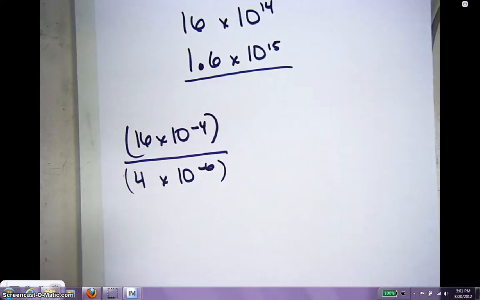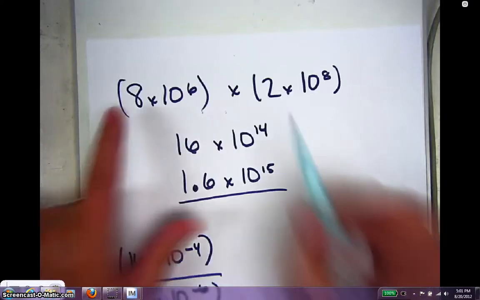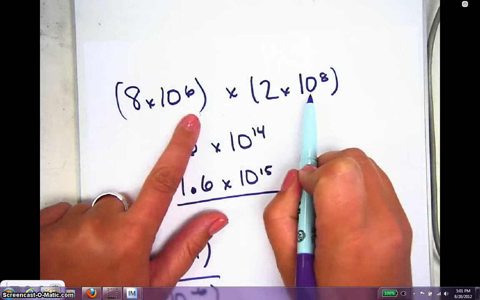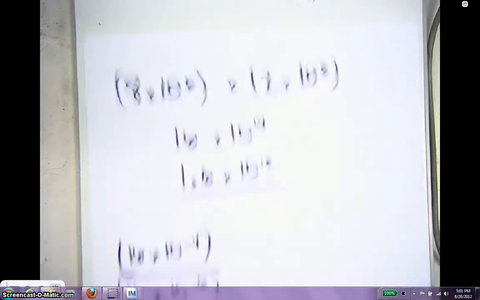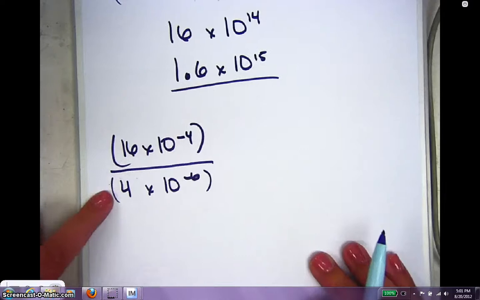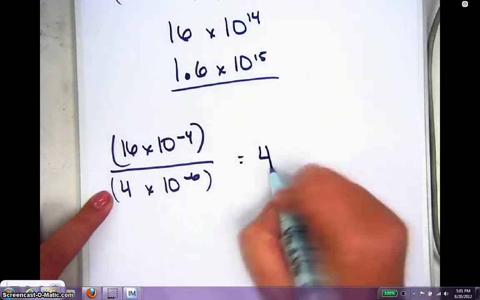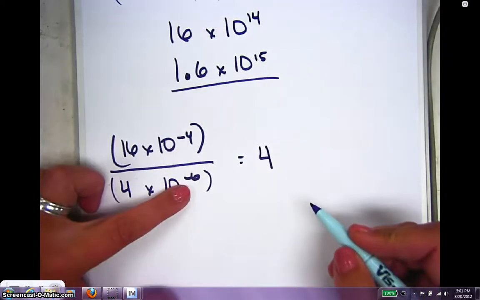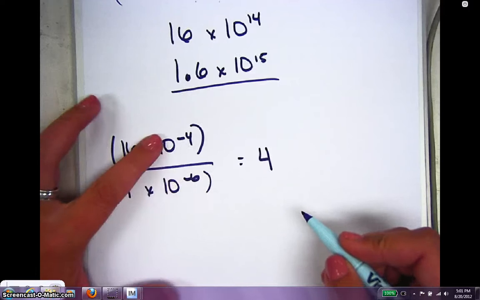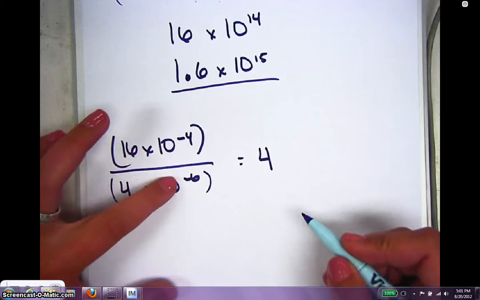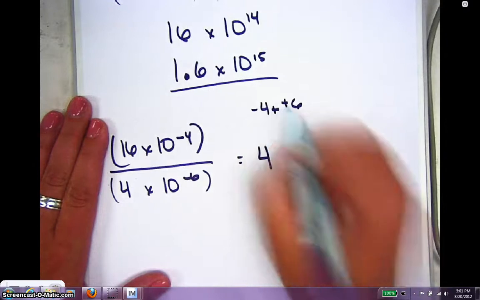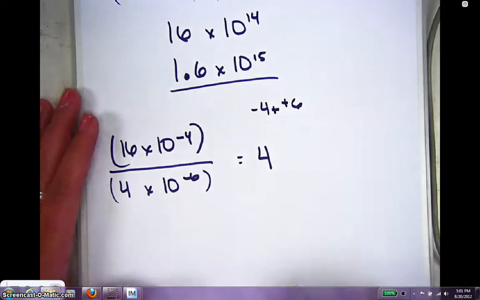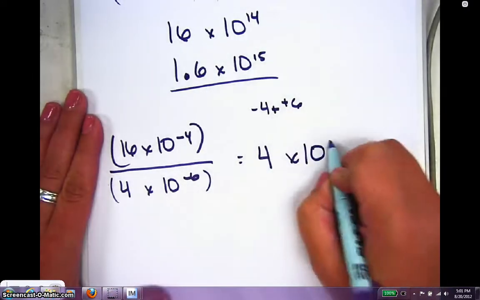Up here, we multiplied the first two numbers and then added the exponents to get 16 times 10 to the 14th. Down here, I'm going to divide the first two numbers, so that gives me 4, and then I subtract the exponents. Well, negative 4 minus a negative 6 is really plus a positive 6, right? So my answer should be 4 times 10 to the 2nd.